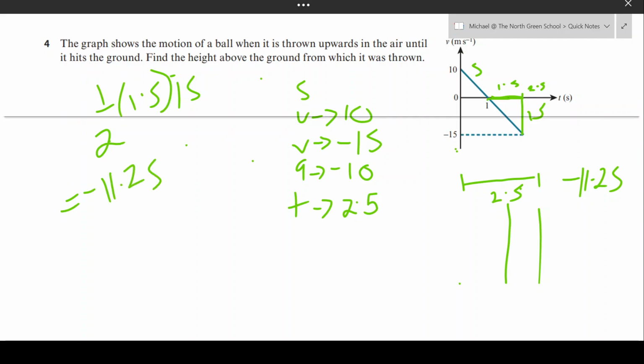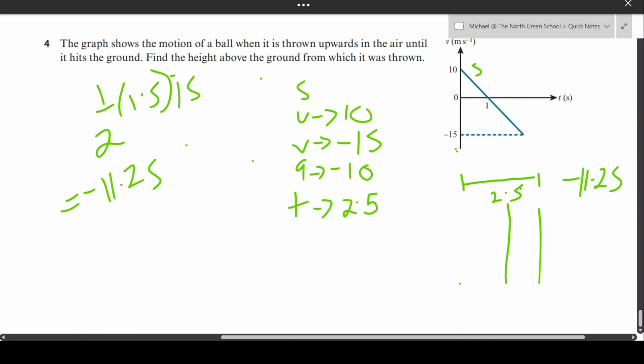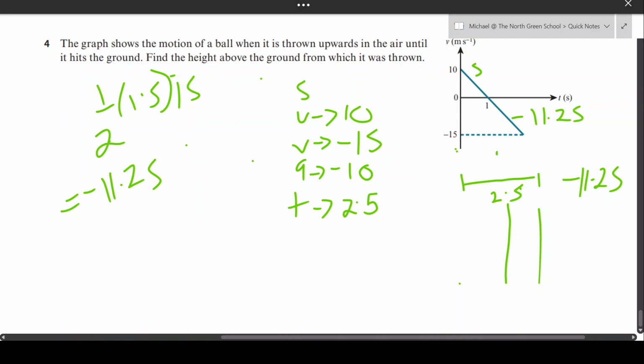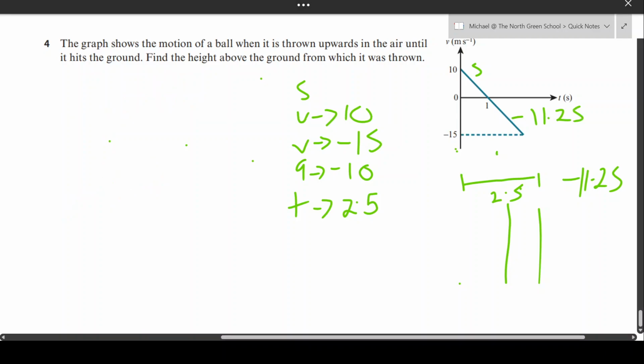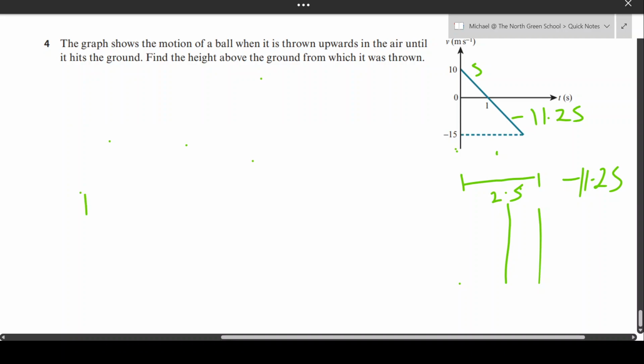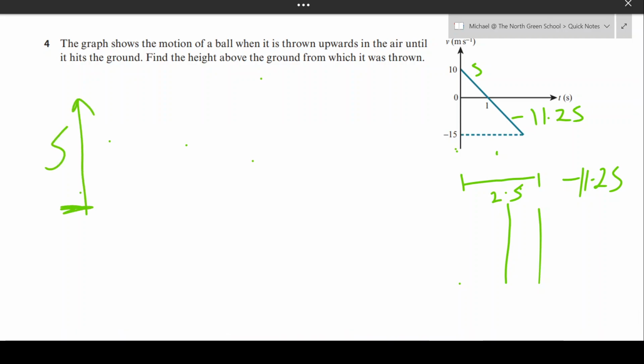So let's clear this and put it right there. So negative 11.25, like that. Now we've got the upward displacement and we've got the downward displacement. So let's go back to our diagram. So we said the ball goes up 5 meters from where you threw it, and then it comes back down 11.25 meters, the negative part.